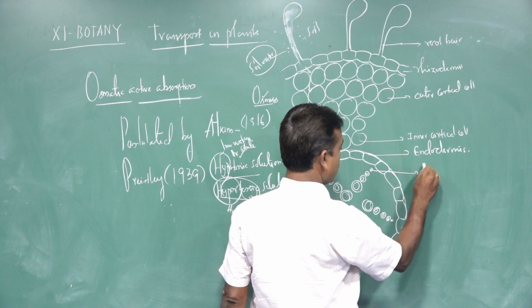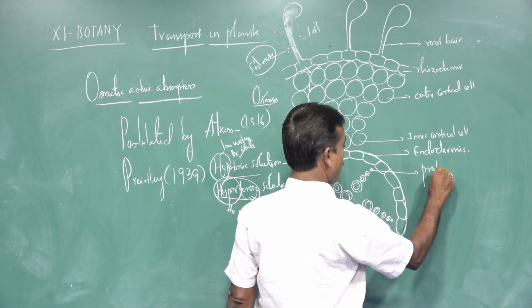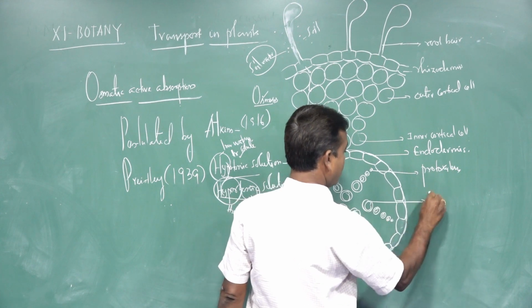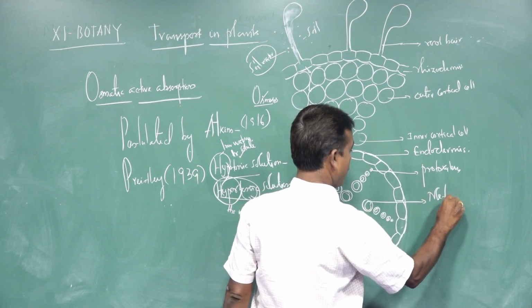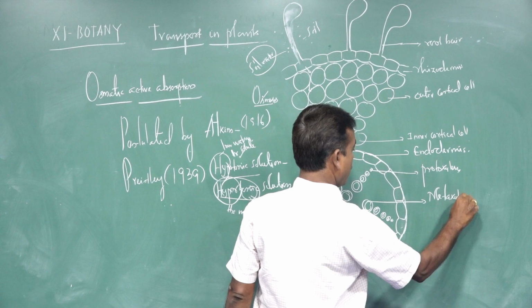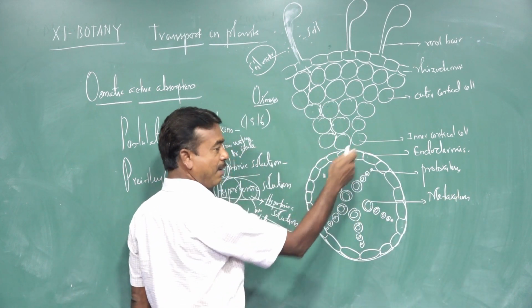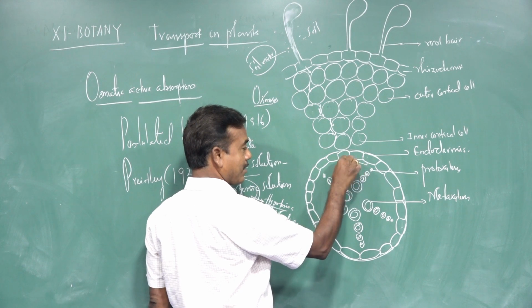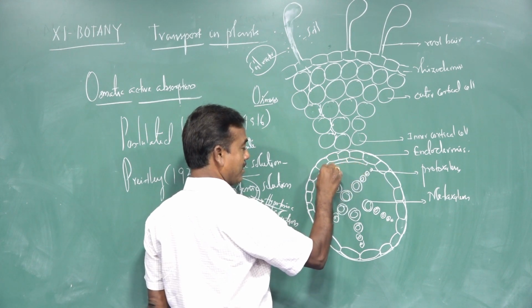So this is protoxylem. This is metaxylem. Between the xylem and endodermis, one thin layer is present. This is commonly called the pericycle.